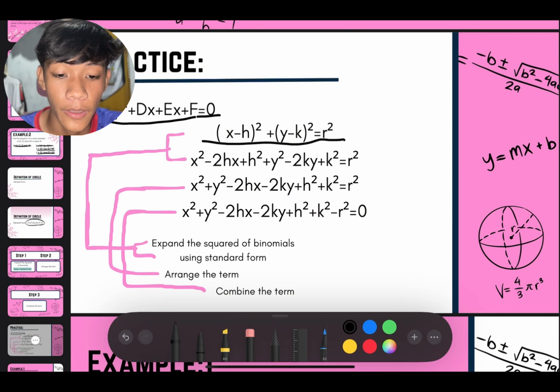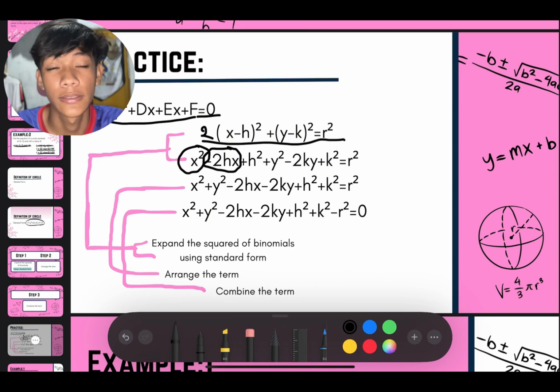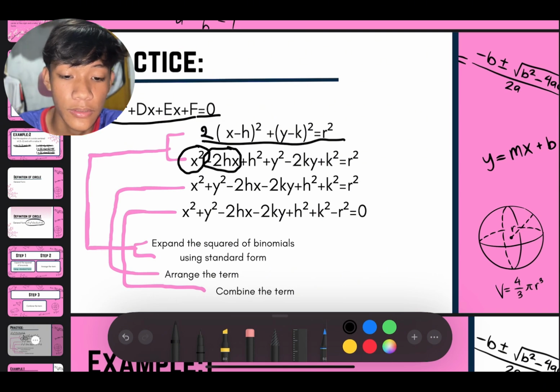Let's multiply the first term twice, so that would be x squared. Then the second step is to multiply the first term by the last term, so that would be negative hx, then multiply by 2, so that would be negative 2hx. Then the next step is to multiply the last term, so h times h is equal to h squared.